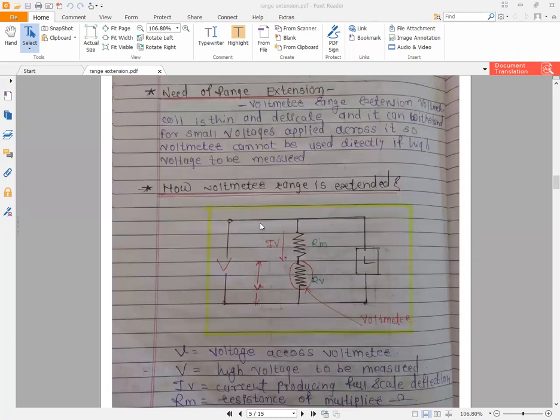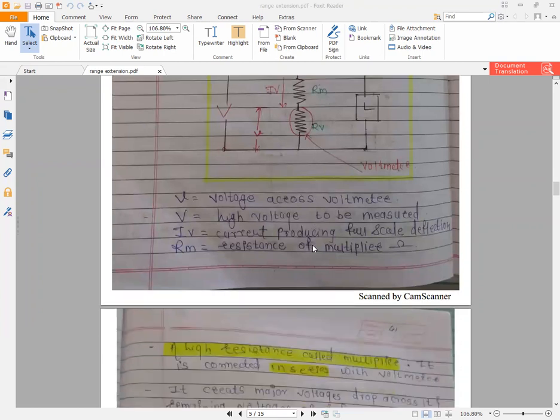So we can extend the range of voltmeter by using the multiplier, that is nothing but our Rm, the resistance of the multiplier. This multiplier is connected in series with the voltmeter coil. So this is our voltmeter, and in series with it is the resistance, the multiplier, which helps to extend the range of this voltmeter.